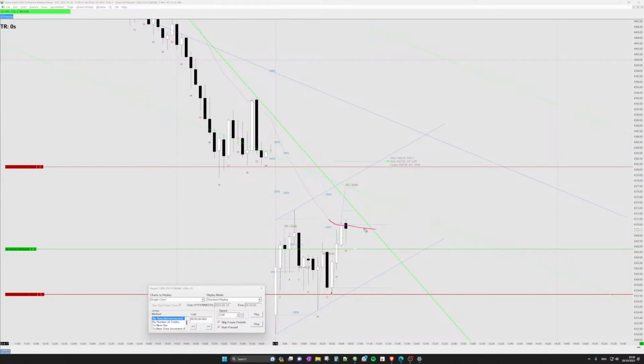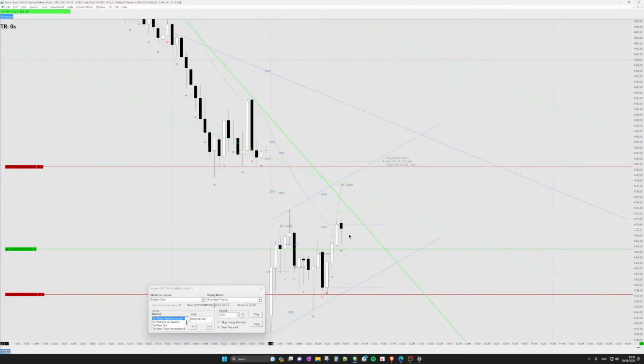There are sellers because it's testing the EMA for the first time, but small body doji, big tails, still very strong for bulls. The next bar only closed 4 points, so still good for bulls.